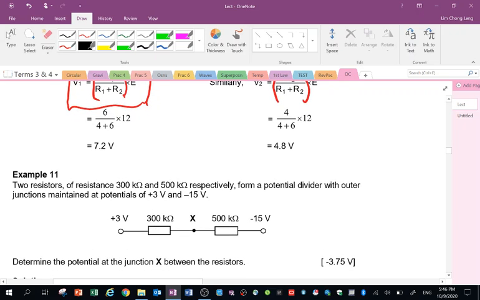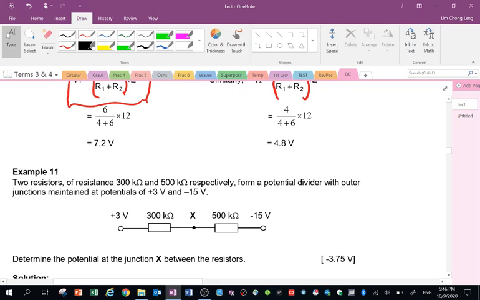Let's look at example one. We have a potential divider which doesn't look that obvious. This time the power source is such that the highest point, which I call point A, has a potential of 3 volt, and point B, the lowest point, has a potential of minus 15 volt. So what is the potential at X? To get the potential at X, I will find V1, which is the PD across the 300 kilo ohm resistor.